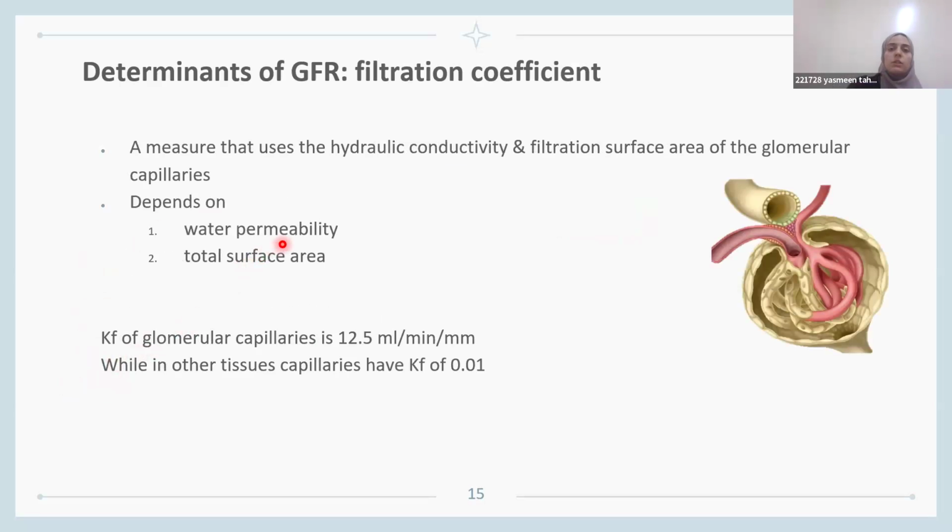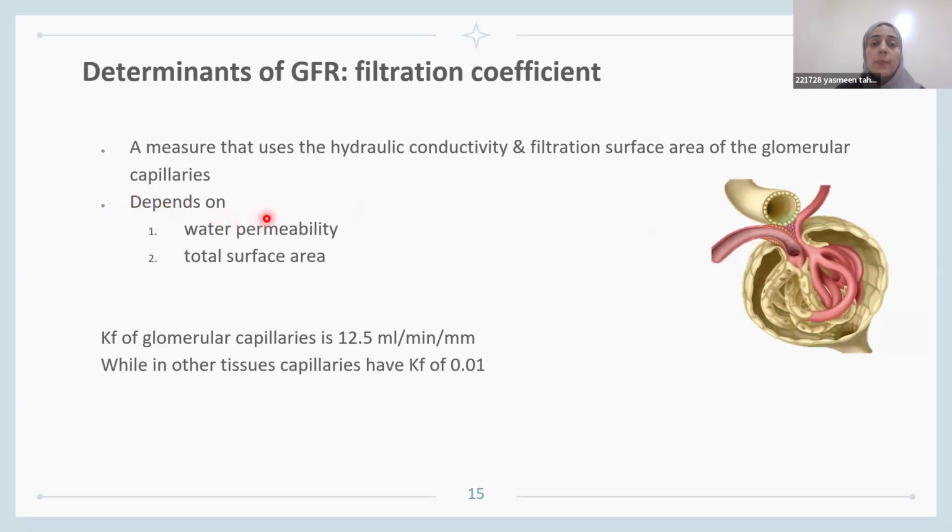So let's talk about the filtration coefficient first. It's a property of the glomerular capillaries that allows for a much higher filtration rate than other capillaries. What it measures is basically hydraulic conductivity and filtration surface area. So it tells you how much this capillary is allowed to filter and how much water it allows to leak.